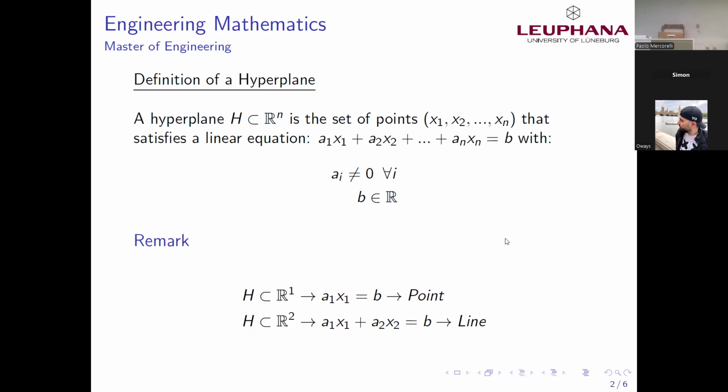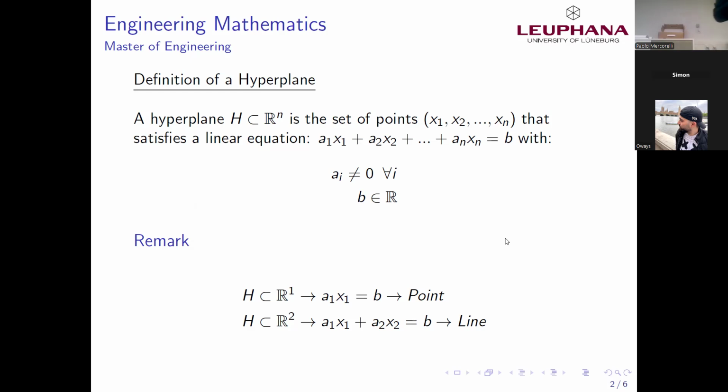If a1 is given, if b is given, x1 is b divided by a1. Is the point. Of course, we can speak about hyperplane, but just to show you how starting from a point, we can build the line, from the line we can build a plane or the hyperplane. If you have more than 3 dimensions, we speak about hyperplane, but we can also come back: we have room and plane, and then we come back to line and so on.